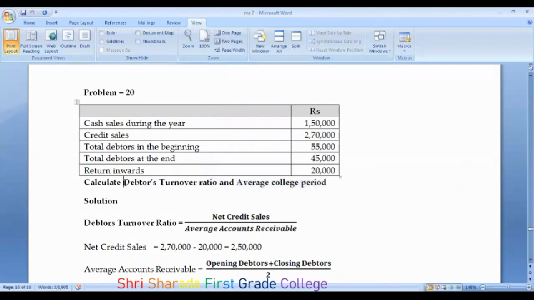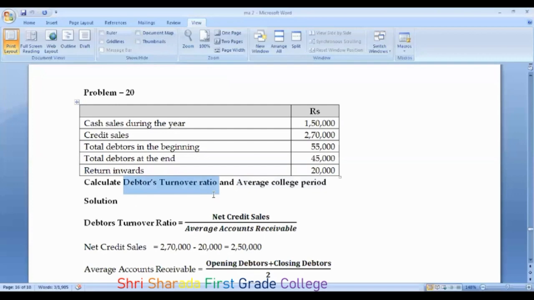Until and unless you know the meaning and the exact formula to be applied, it is impossible to go ahead with the turnover ratios. Okay. So what is debtors turnover ratio? Debtors turnover ratio is how quickly or how rapidly the collection will be received from the receivables.